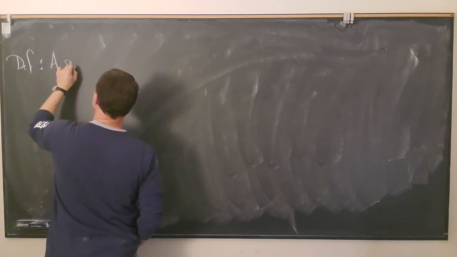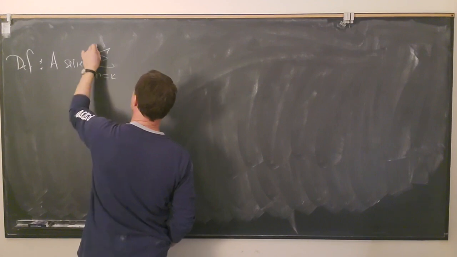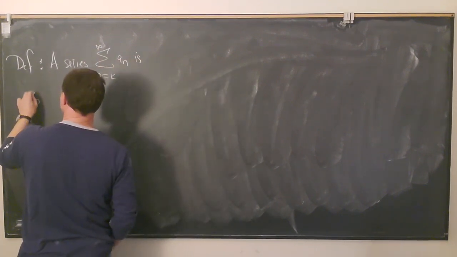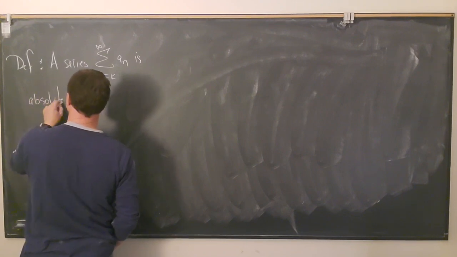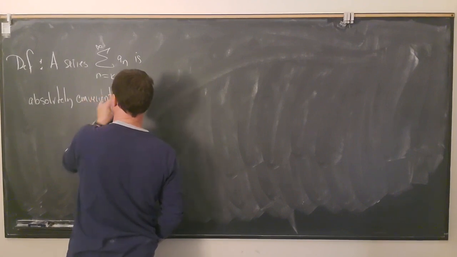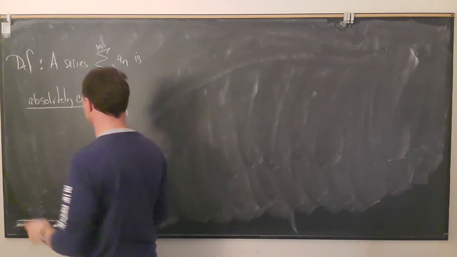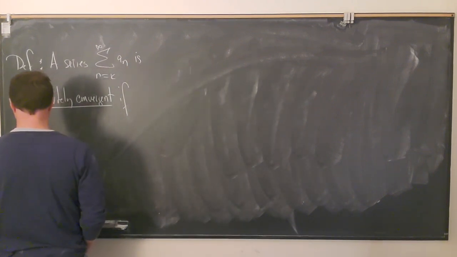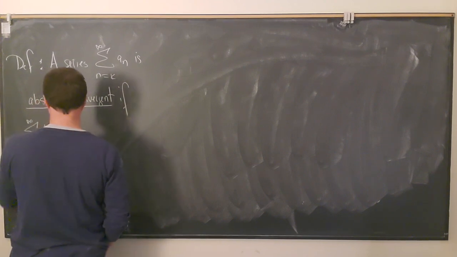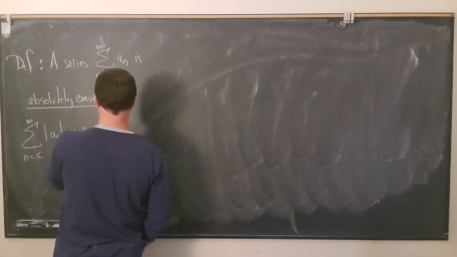So a series sum n equals k to infinity a sub n is absolutely convergent if sum n equals k to infinity, absolute value of a sub n is convergent.